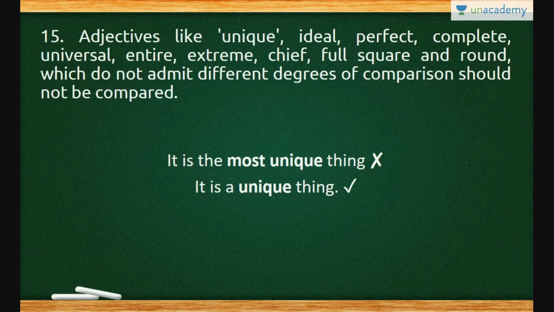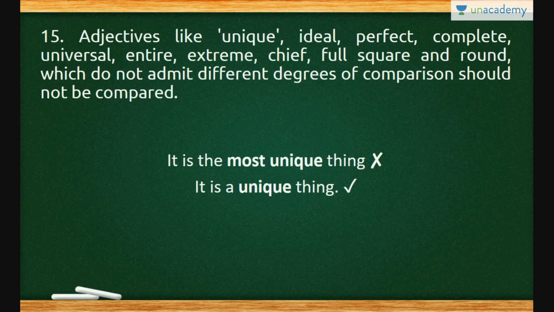Now, in the next rule, what it states is that adjectives like unique, ideal, perfect, complete, universal, entire, extreme, chief, full, square, and round, which do not admit different degrees of comparison, should not be compared.